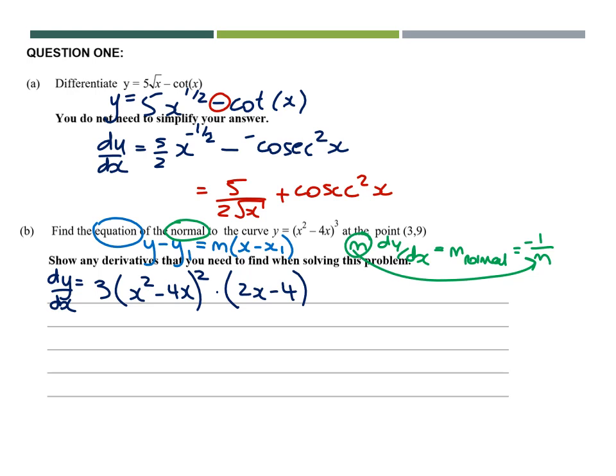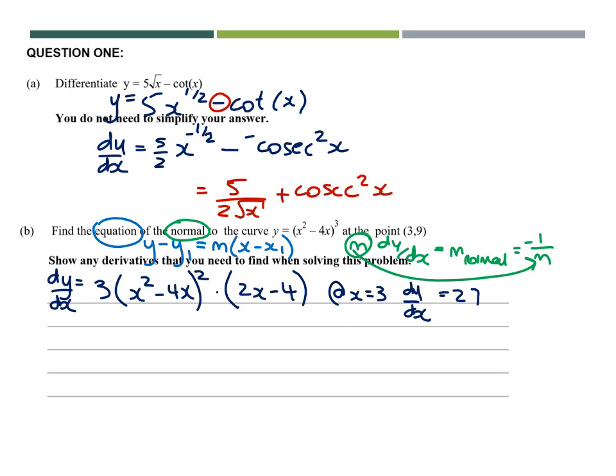Do I need to expand to make this nice? No, because all I need to do is find what's the gradient at x equals 3. So at x equals 3, dy by dx equals, that's 9 minus 12. Is that right? That's negative 3 squared is 9 times the 3, that's 27. Too much for my brain at the moment.